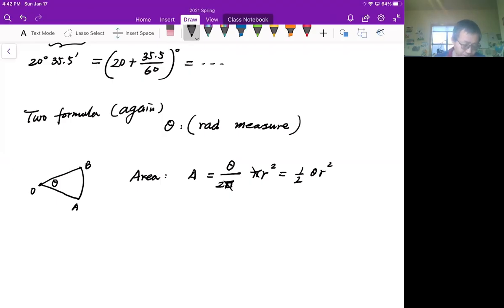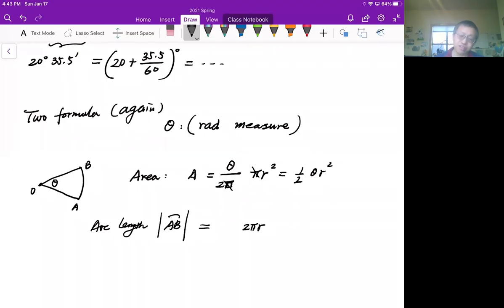Okay, the other formula. Let's take a look at the arc length. I'm going to have AB for the arc, with the absolute value bars just meaning it's the arc length of AB. Again, I use the same idea: the original one will be 2 pi r.